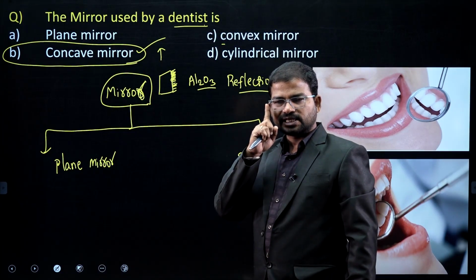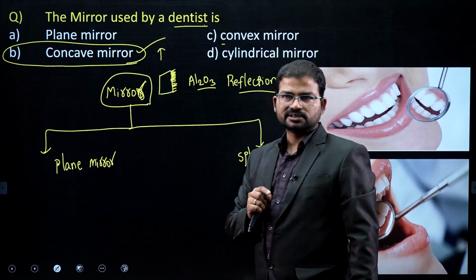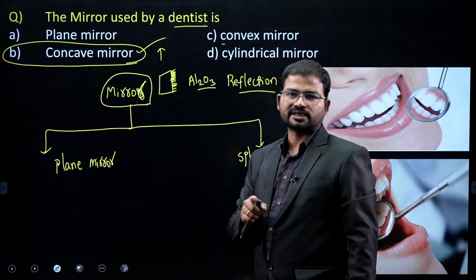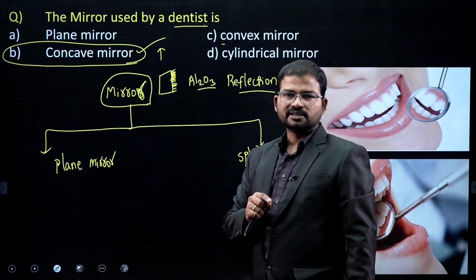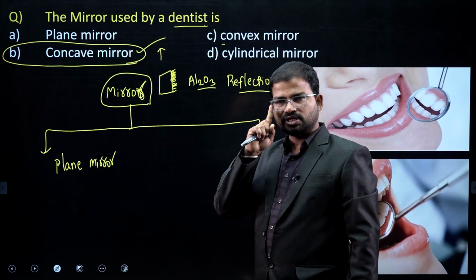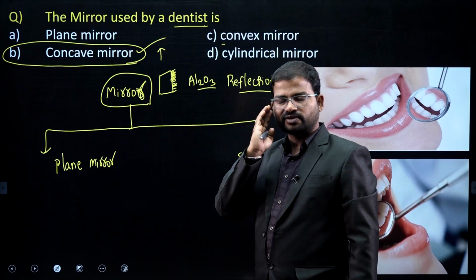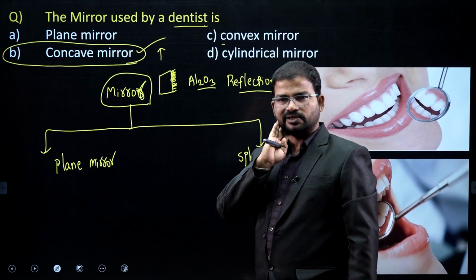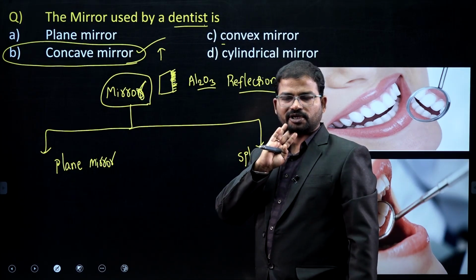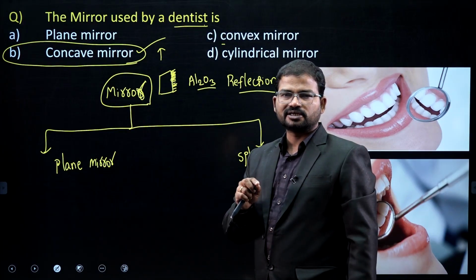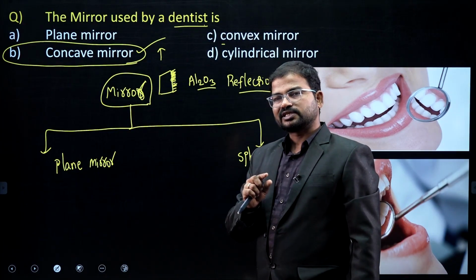That's why this lens's optical power is minus 2, minus 1.5, minus 1, like that. If it is minus, what kind of lens do we need? Concave lens. Minus means concave lens, used for myopia. Suppose near objects are not visible, then you have to consider a convex lens.